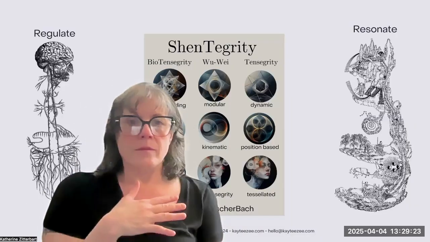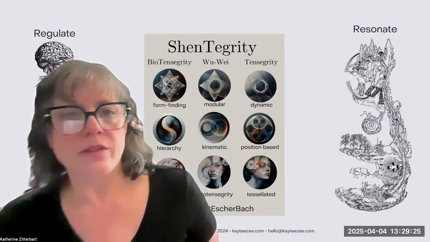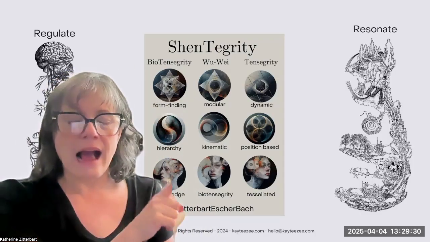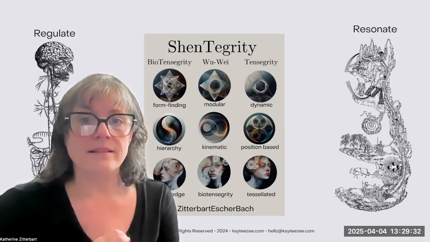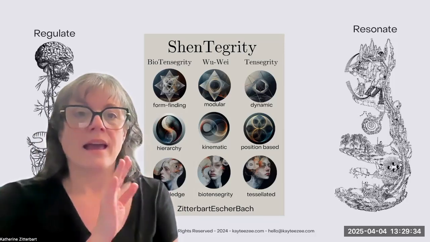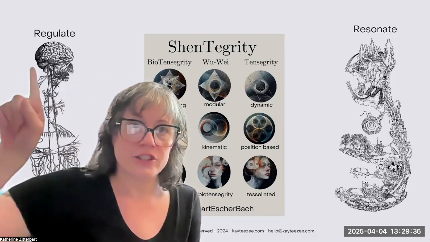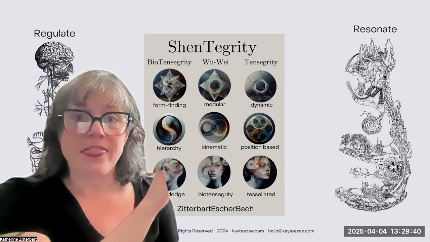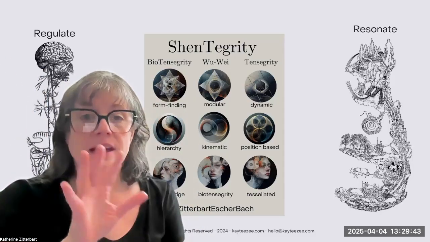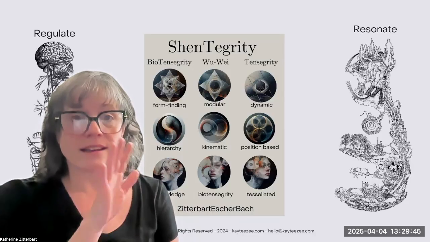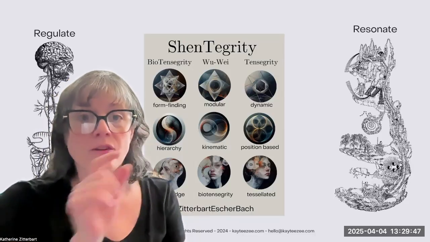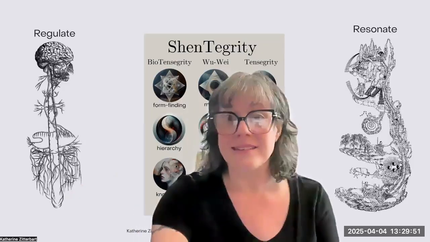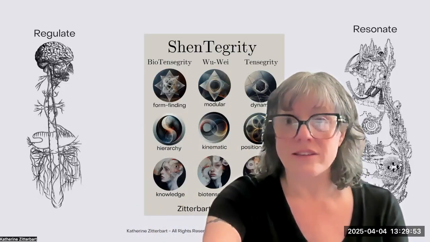So one of the objectives that I have with this model of tensegrity is to illustrate how we can use these ideas of tensegrity in different ways and in different directions to shift from regulation to resonance. And that, my friends, changes how we experience gravity and power dynamics. It also has the promise of adjusting some of the biases in how we contemplate each other.